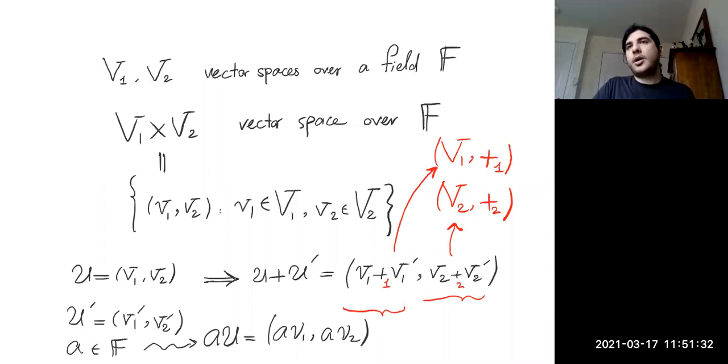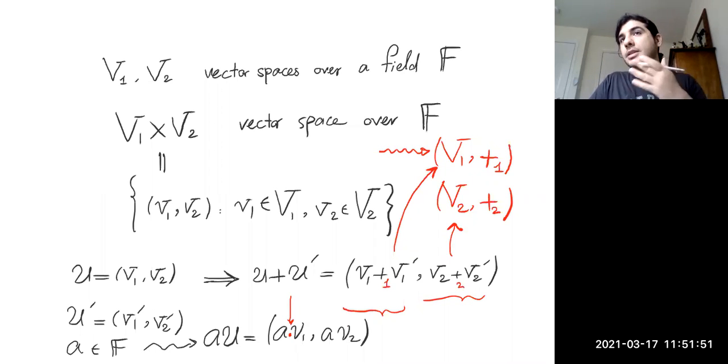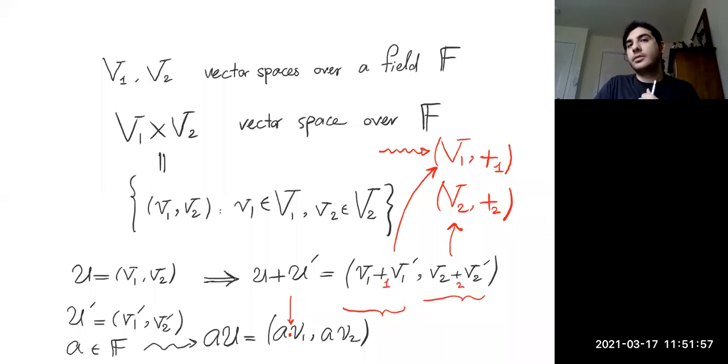Again, there is a small thing to note: the first is the scalar multiplication for elements in V1, and the second is the scalar multiplication in V2, and they might be defined differently if V1 and V2 are different vector spaces.